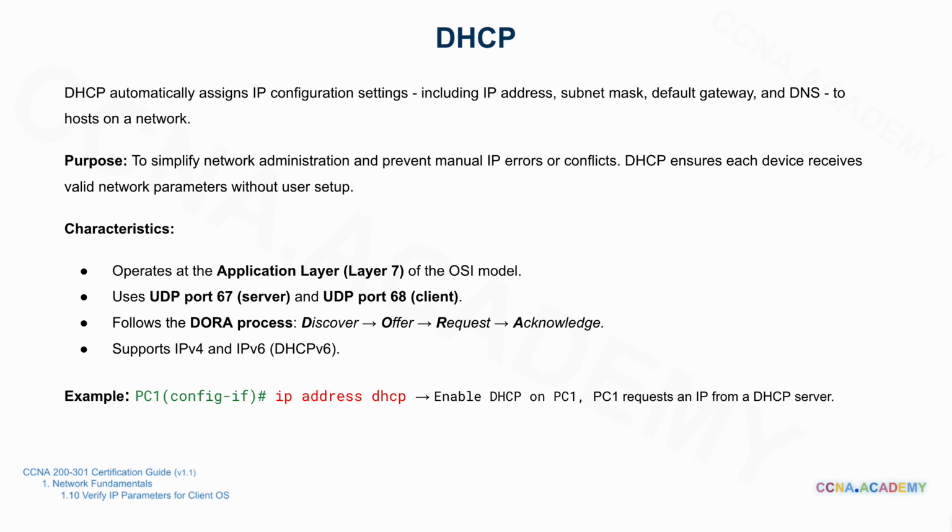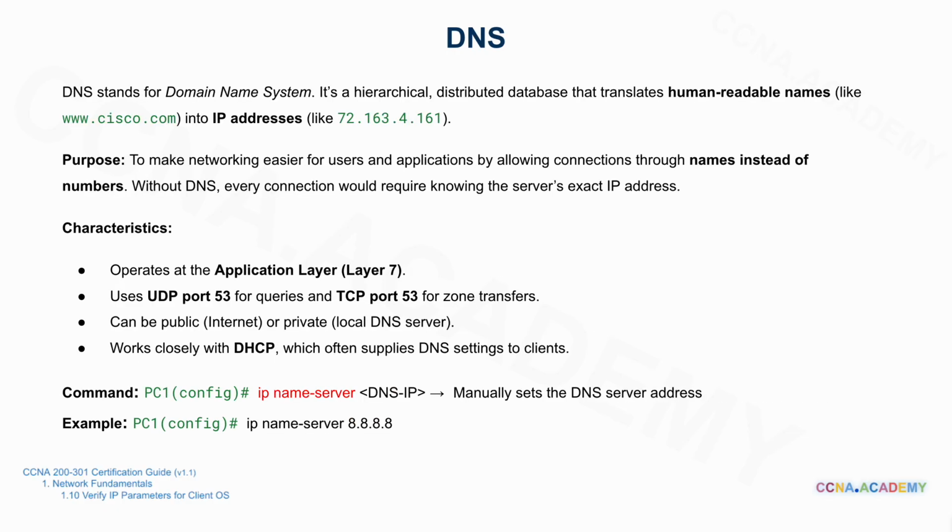The process follows 4 steps: discover, offer, request, and acknowledge, often remembered as DORA. On Cisco devices, you can enable DHCP on an interface with the command ip address dhcp. And when a DHCP server is set up on a router, it can dynamically assign IP addresses to clients across the LAN. Next up is DNS, the Domain Name System.